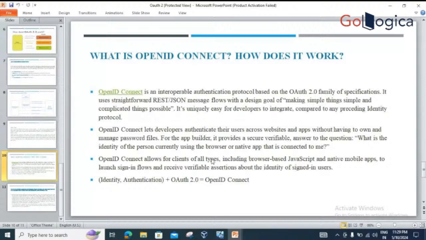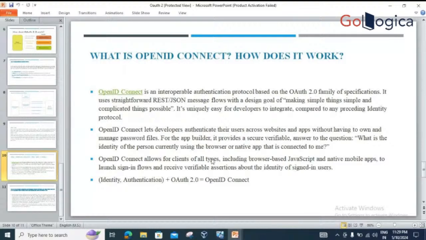Why? In OAuth 2.0, we only understand authorization. Now in OpenID Connect, we understand authentication plus authorization both, with the help of two types of APIs. We call it REST authentication.